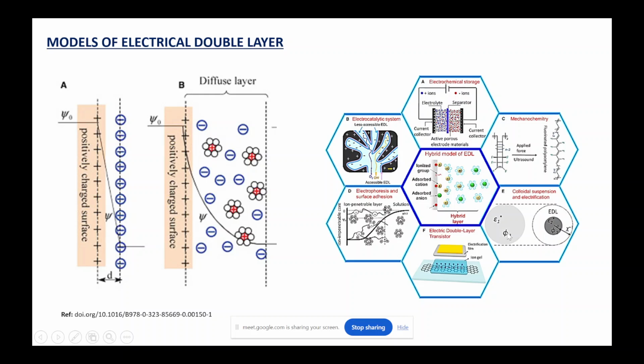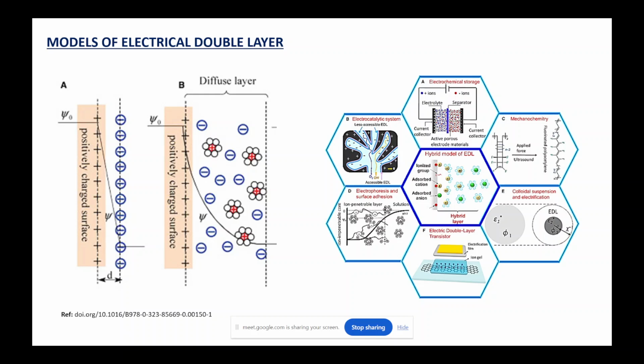If you remember, in the last class we discussed the concept of energy storage. That's what you see here, electrochemical energy storage. Something we discussed was the supercapacitor, where they use this principle of the electrical double layer in order to store charge. Similarly, there are other fields which use this principle. One is the electrocatalytic system, and another is electrophoresis and surface adhesion.